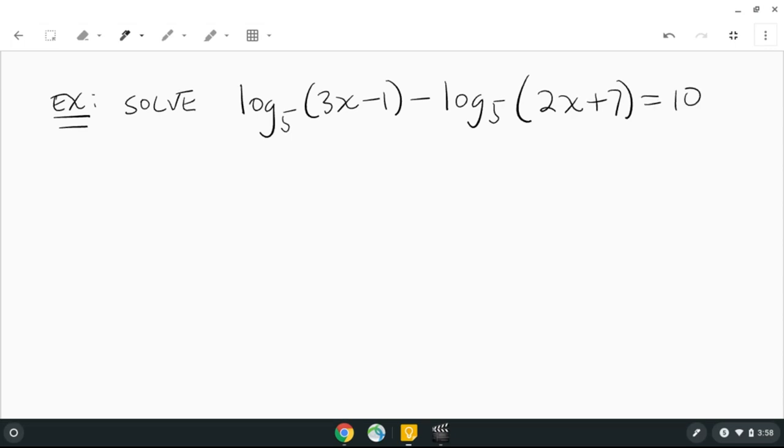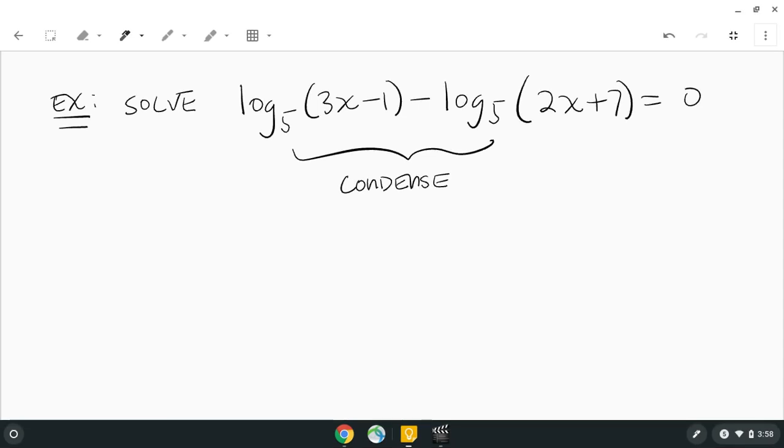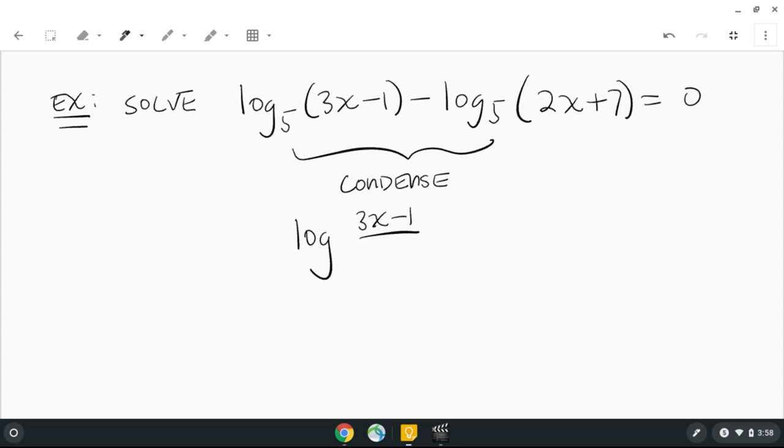Okay, so again, too many logs. So we're going to go ahead and condense this. This time we have some subtraction, so I'm going to write it as a single log. And this time it's not going to be a product, but a quotient. So it's going to be 3x minus 1 over 2x plus 7.